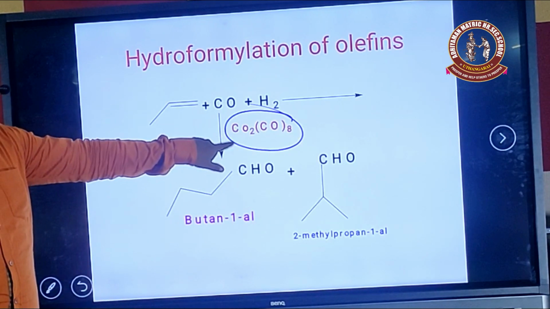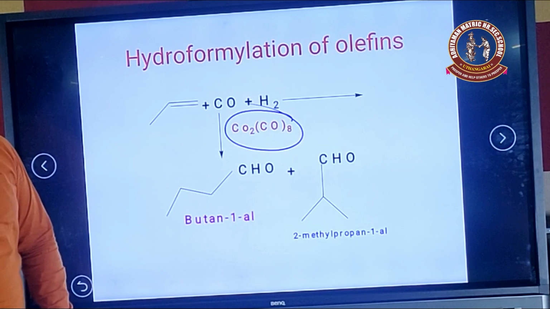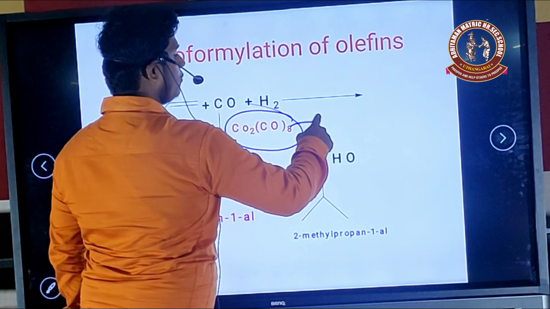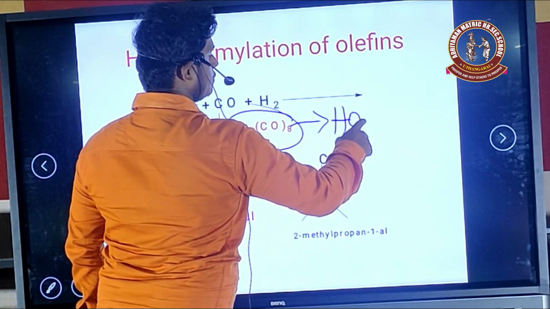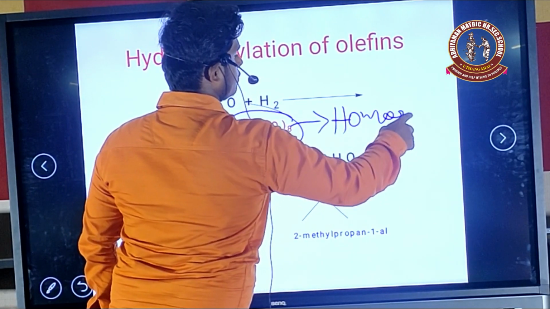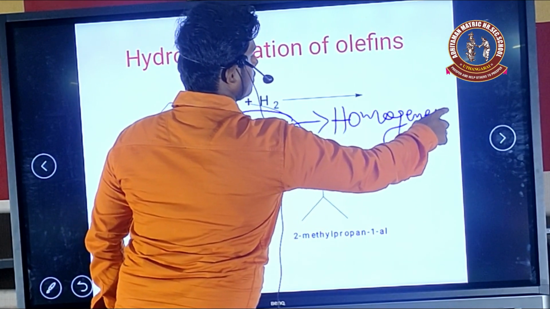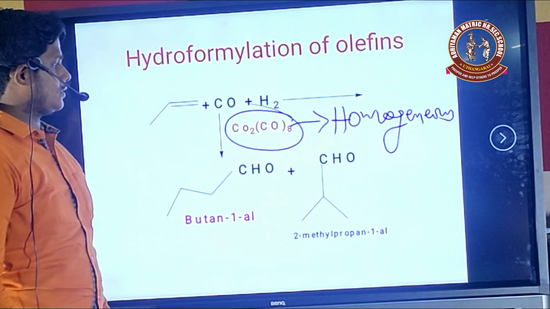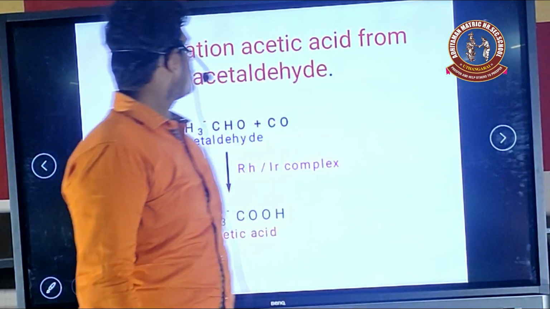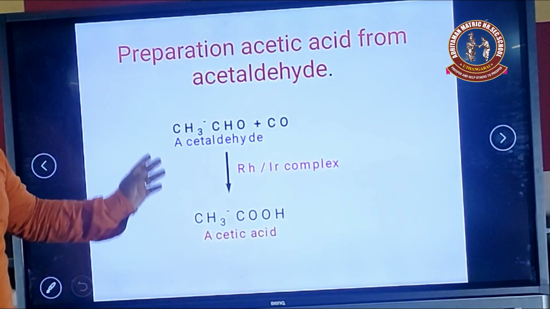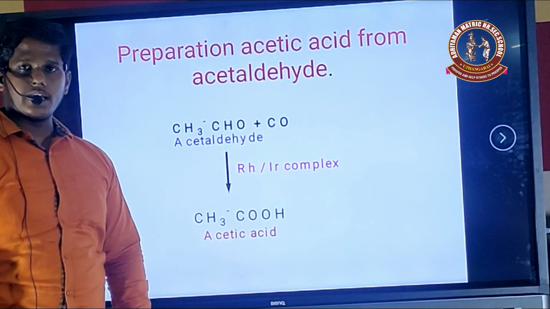Okay, here cobalt acts as a catalyst. This catalyst is called a homogeneous catalyst.